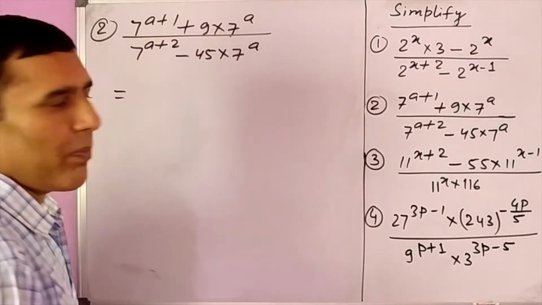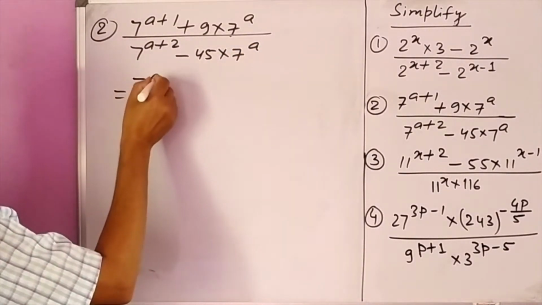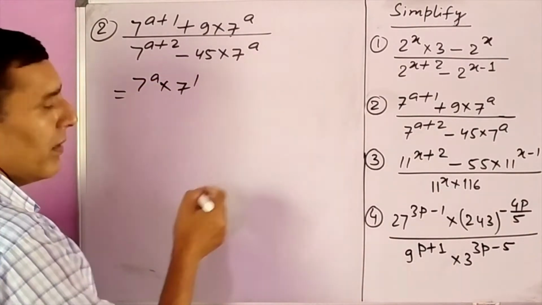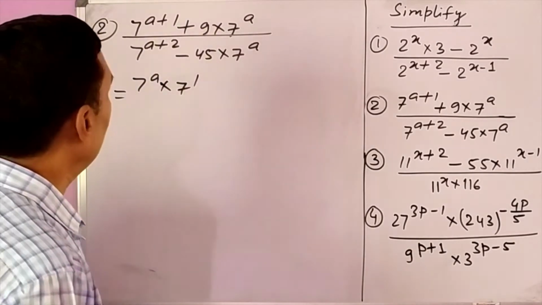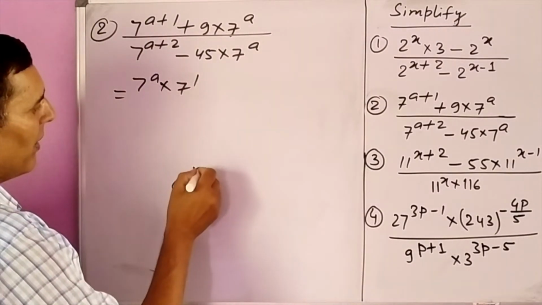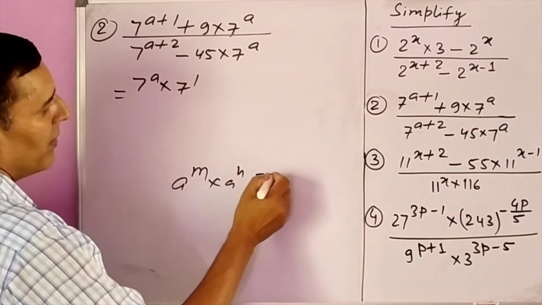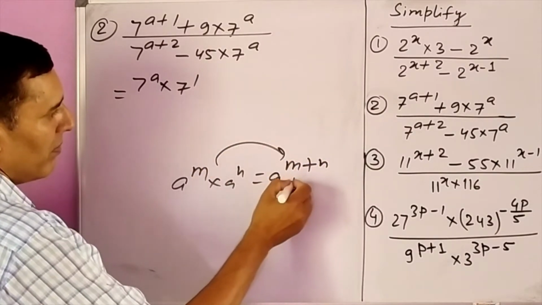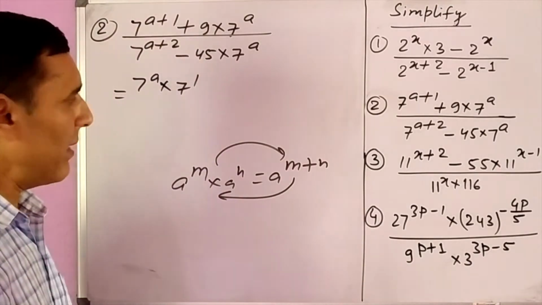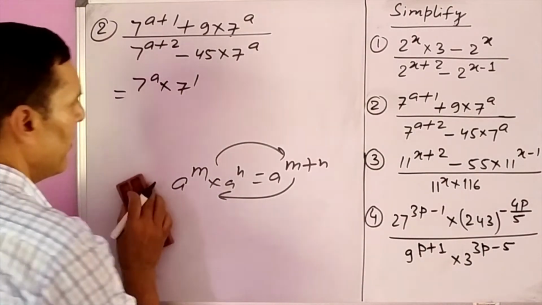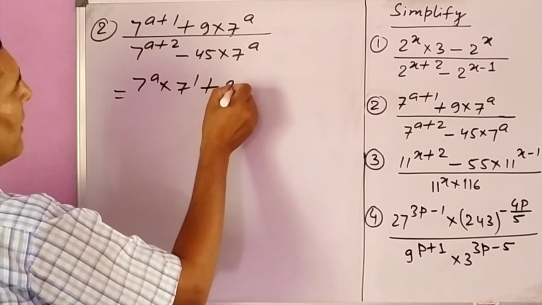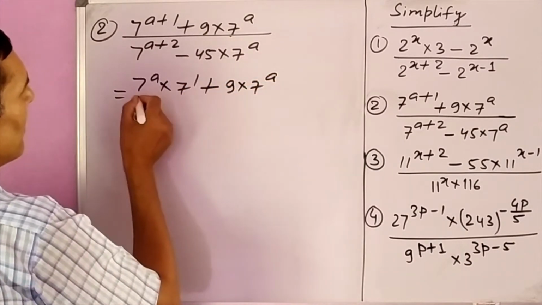Here also we separate the power: 7 to the power a into 7 to the power 1. Again, using the same law, a to the power m into a to the power n is equal to a to the power m plus n. From this we can write, in reverse order, by separating the power. And here we keep 9 into 7 to the power a as it is.